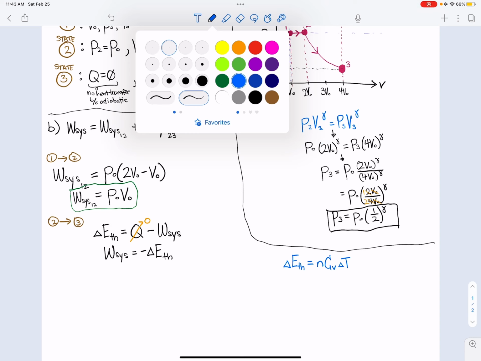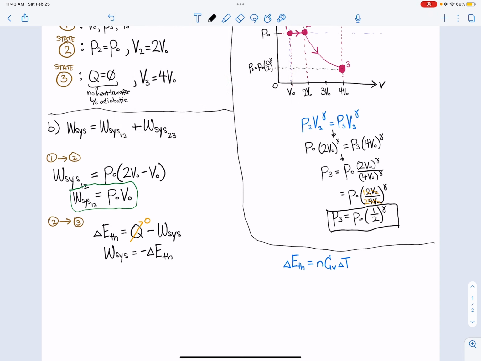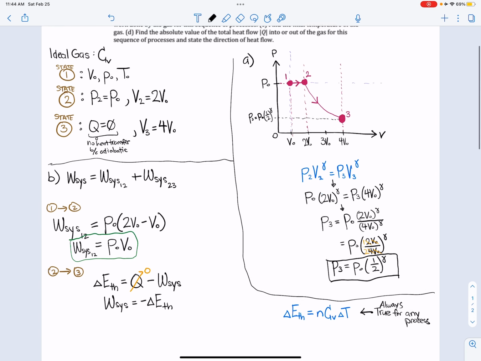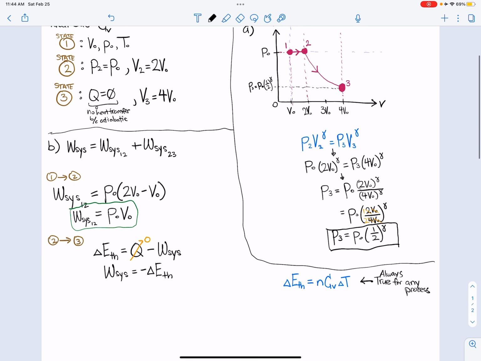This is always true, for any process. And when I say any process, that means whether you have constant pressure, right? If it's isobaric, or constant volume, isochoric, or constant temperature, isothermal, you can always use this formula, okay?